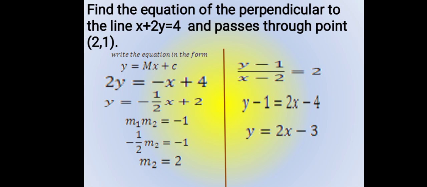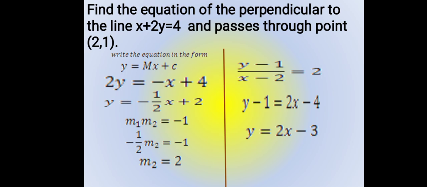Now, our line, if we take x to the other side, it becomes negative x plus 4, and then we remain with the 2y on the other side. We divide by 2 on both sides, we remain with y, and on the other side negative a half x plus 2. Now, that negative half is the gradient of that line.